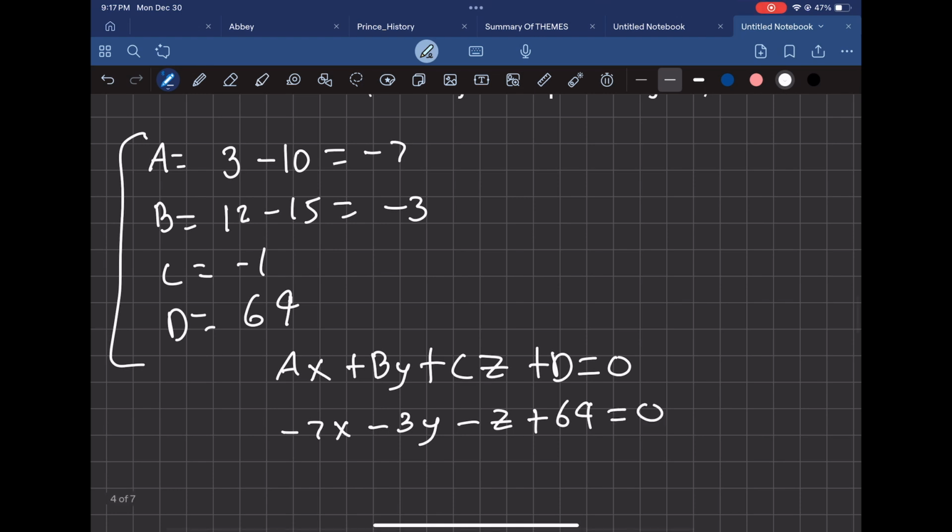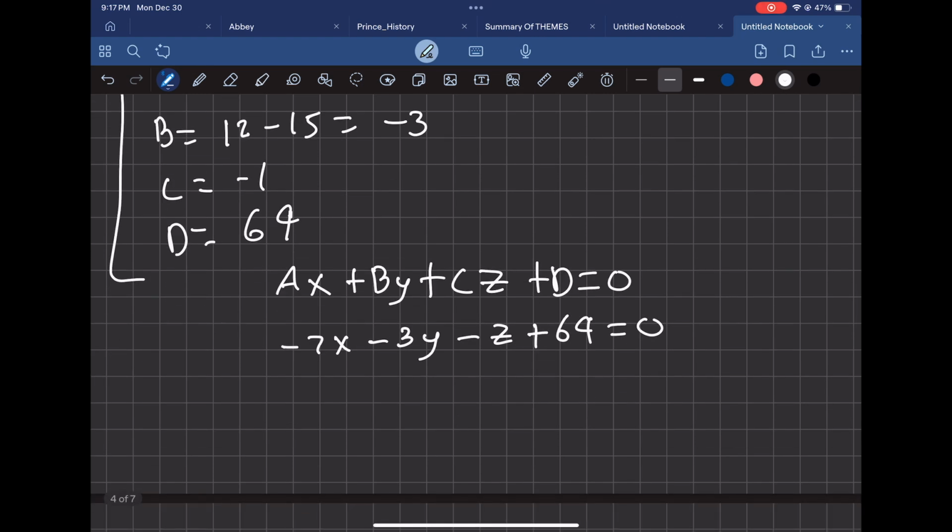And since we always want to have that x value positive, although it's not really necessary, just for the notation, I'm going to multiply this by negative 1. So we would get 7x plus 3y plus z minus 69 equals 0.